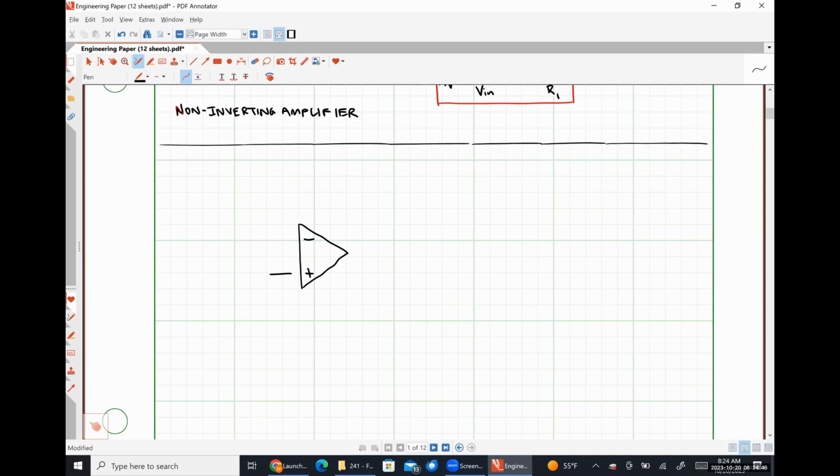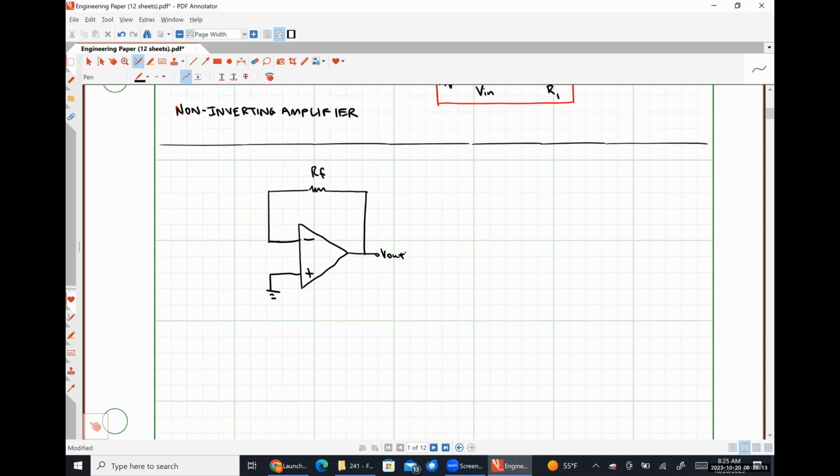So for our inverting amplifier topology, our non-inverting input terminal was connected to ground. We had some feedback resistance Rf connecting our inverting input terminal to our output terminal like so. And then we measured Vout here directly at the output terminal of the op amp.